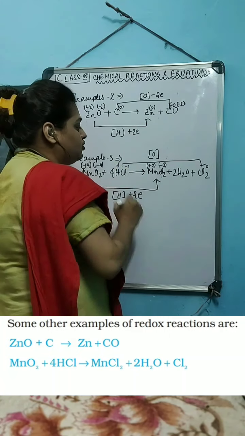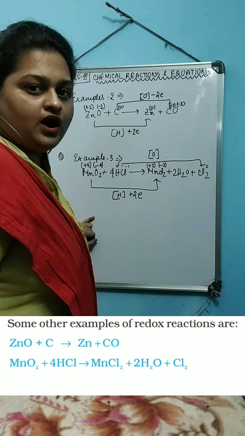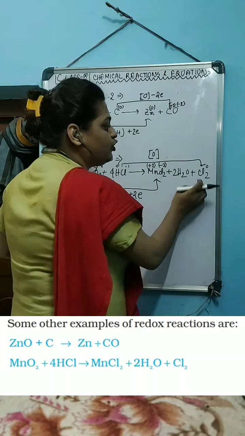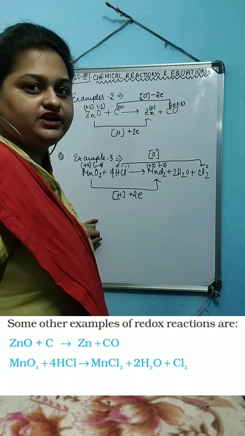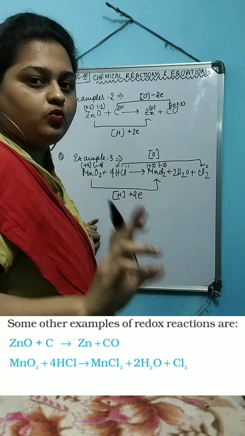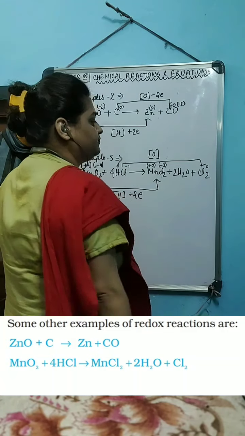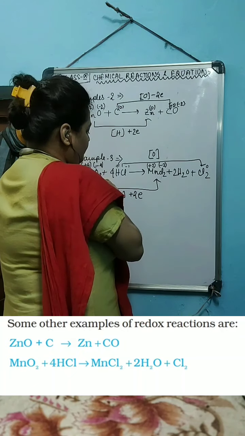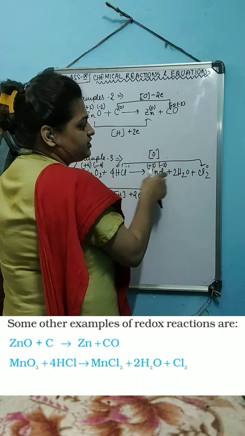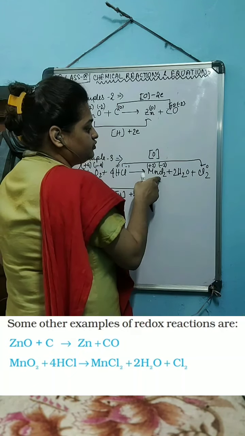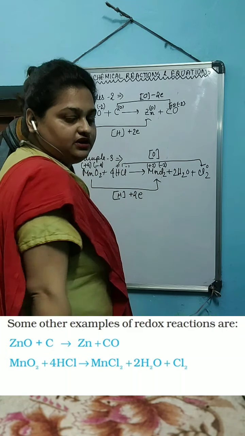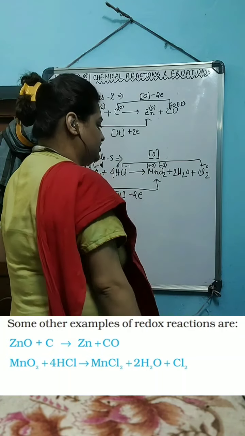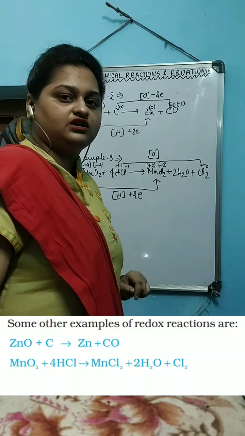On the other hand, chlorine has a -1 oxidation state and is transforming to the 0 oxidation state. It must have lost 1 electron to go to this one. Obviously, there are 4 chlorines. Among these 4 chlorines, 2 chlorines have combined to give 1 Cl2, and 2 chlorines are combined with this to create this compound.